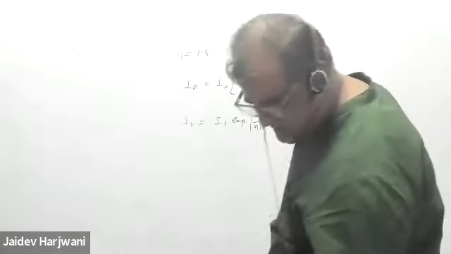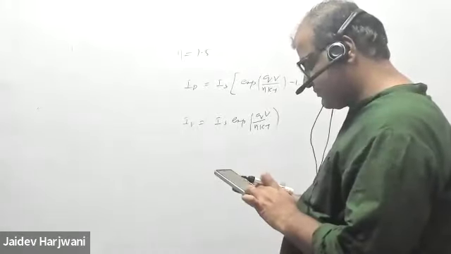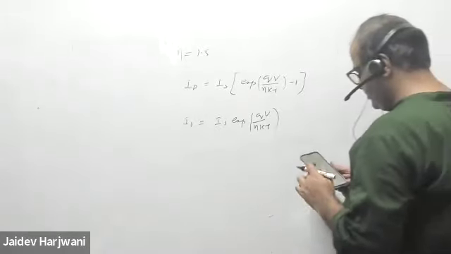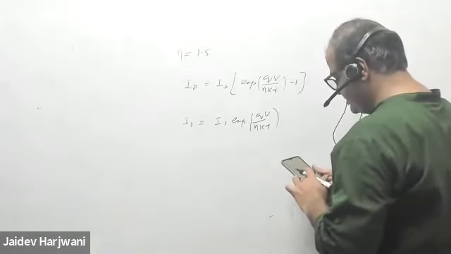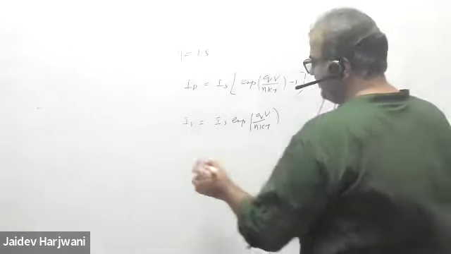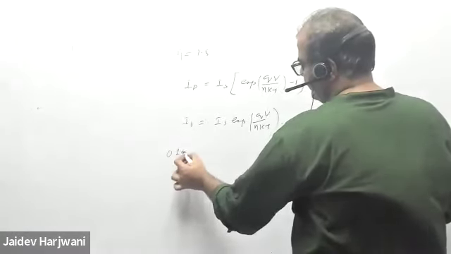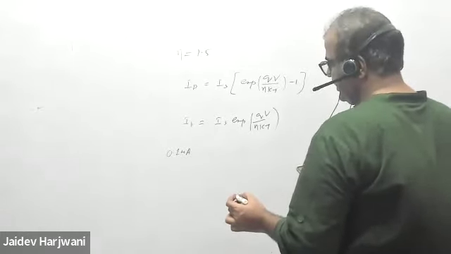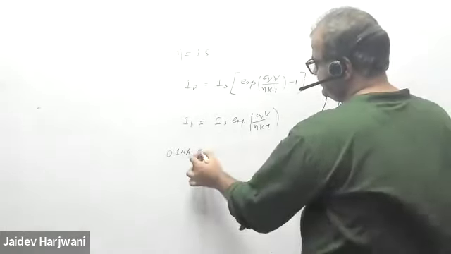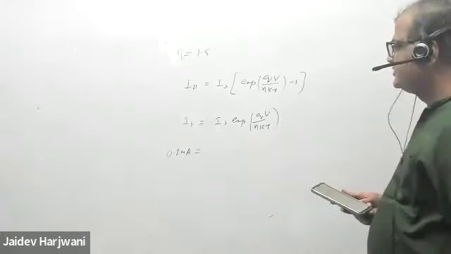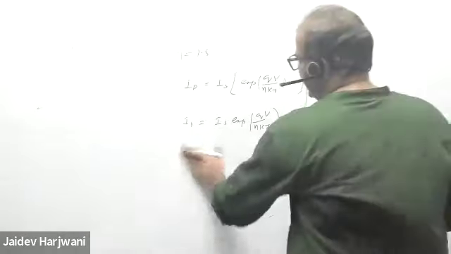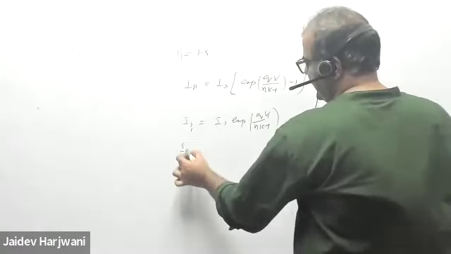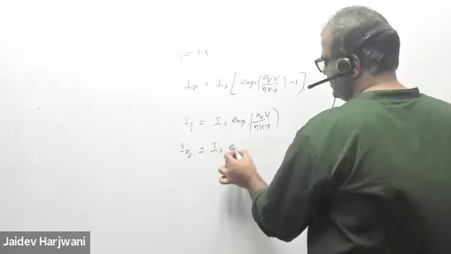Temperature is given or not in the question? Temperature also is not given, so other things are the same. Eta is 1.5. Now you are given the current value, 0.1 milliampere. So say ID1 with voltage V1, and ID2 with voltage V2.